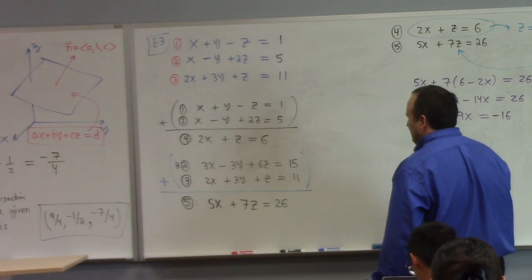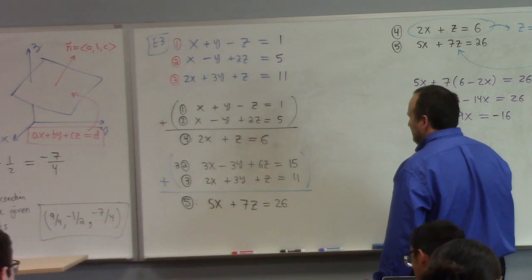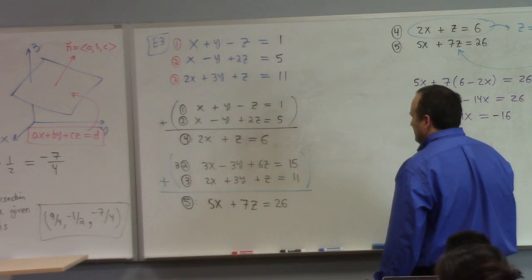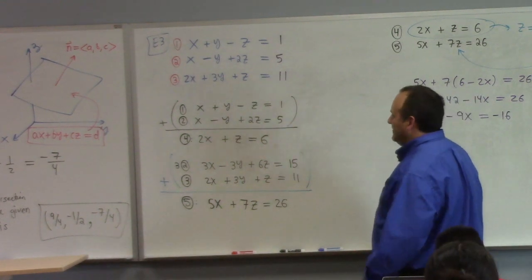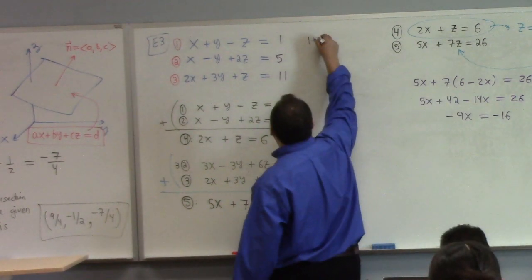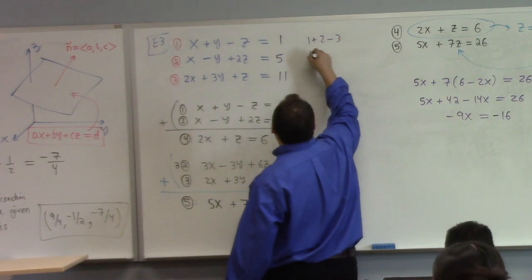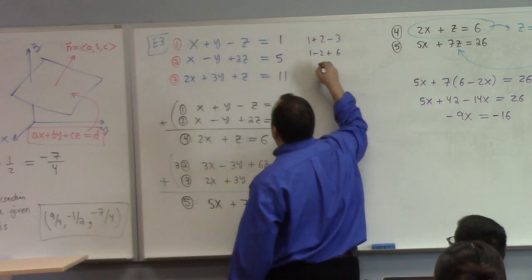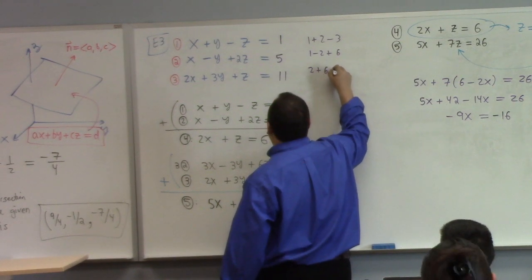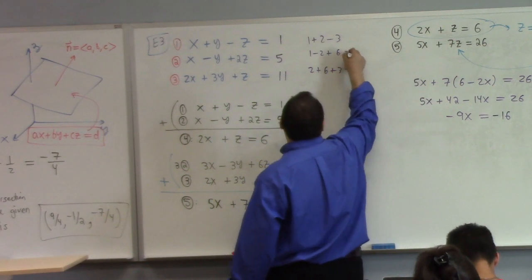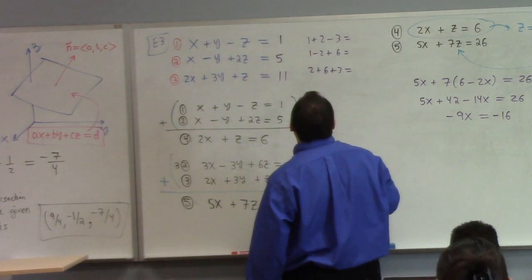What did I do wrong? I was trying to make the solution 1, 2, 3. So like 1 plus 2 minus 3, 1 minus 2 plus 6, 2 plus 6 plus 3. So where did I make the mistake?